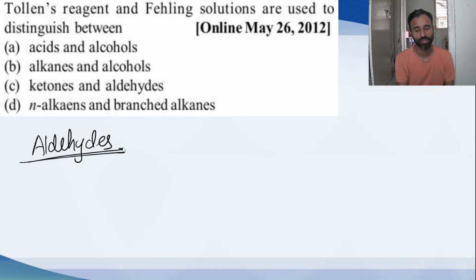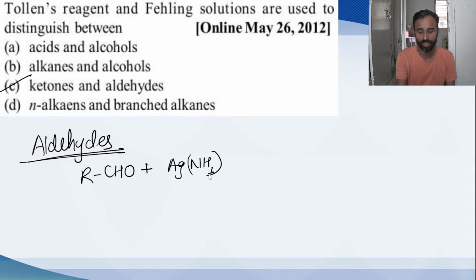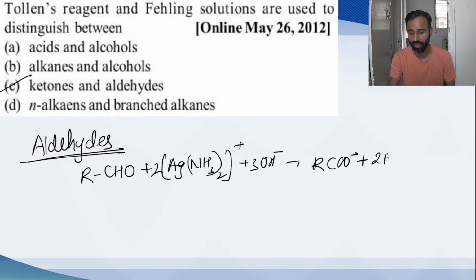Give this test, both Tollens test as well as Fehling's solution test. Yes, beta, it is ketones and aldehydes, because aldehydes, when they are treated with ammoniacal silver nitrate solution, means Tollens reagent, then yes, it is option C, silver mirror test.